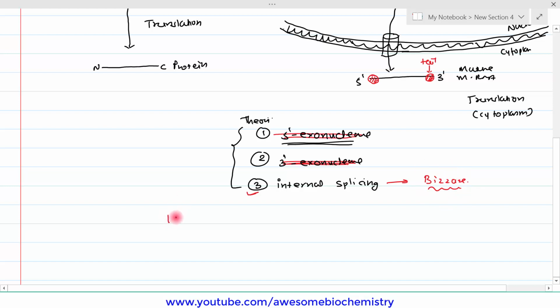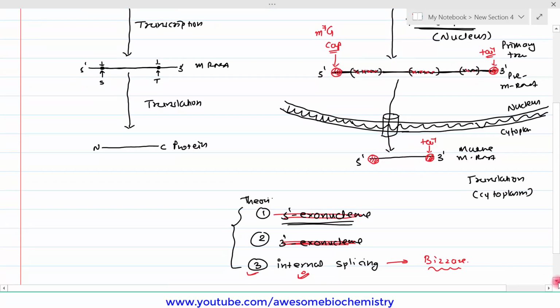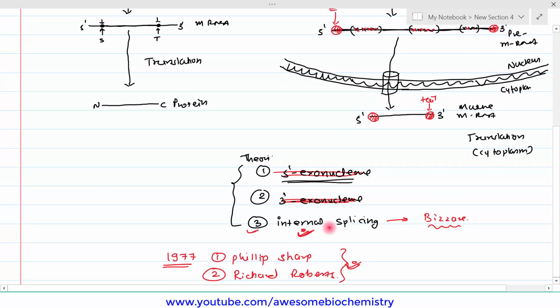But things changed in 1977, when two scientists, first Philip Sharp, and second Richard Roberts, independently did some experiments and proved that this theory is correct, that internal splicing occurs. Some of the internal sequences are lost and the remaining expressed sequences are joined together in the mature mRNA. So now this theory is accepted, that is, internal splicing.